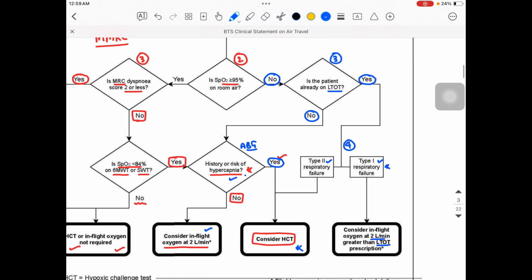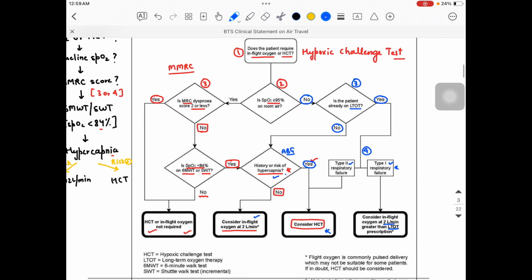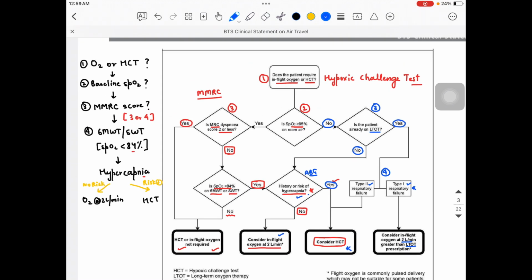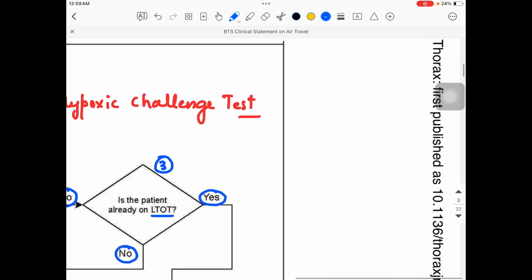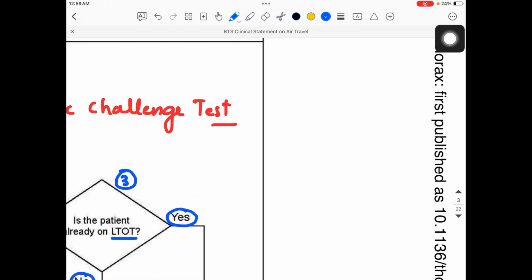So let's summarize this side as well. Here we had talked about the left side where the saturation levels were more than 95%. Okay, then if we summarize this table, let's see how it goes.